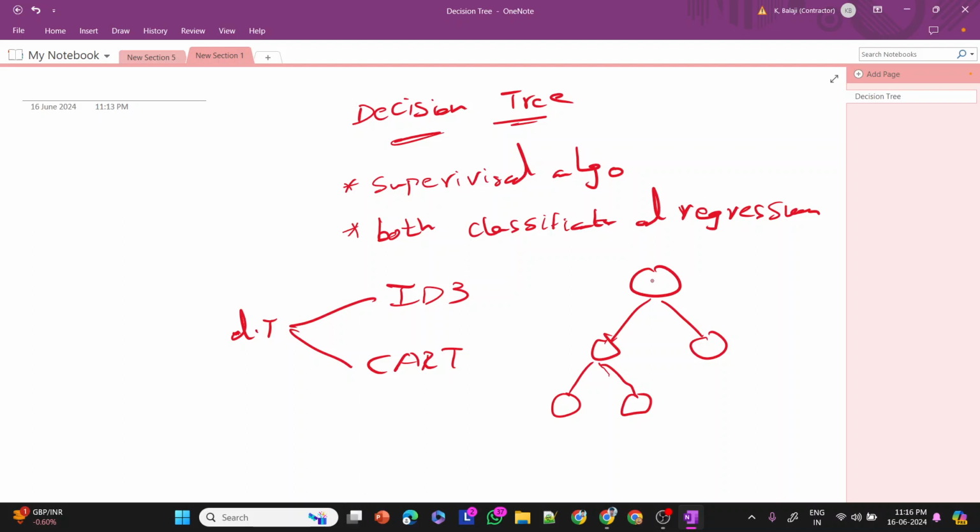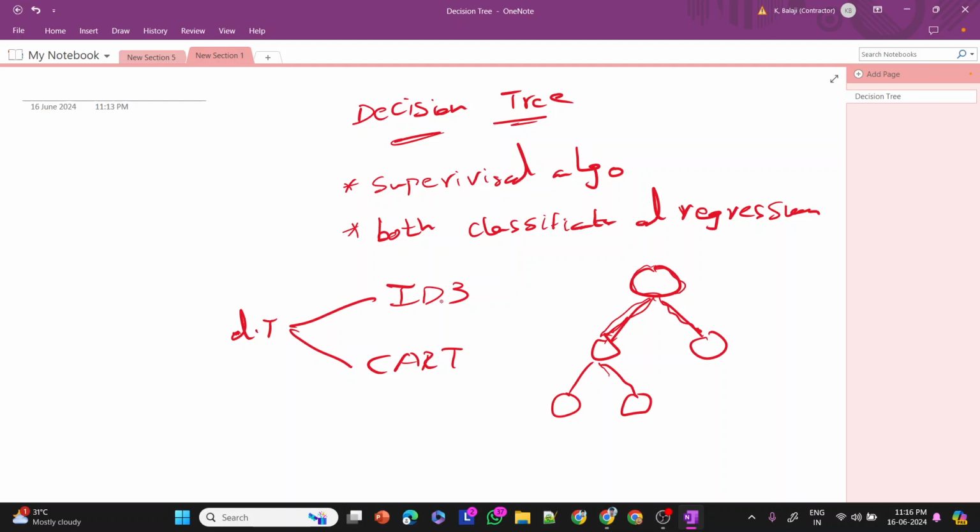This algorithm forms a tree-like structure, and it will compute the output. But in CART, there is a root node, and the sub nodes will be just two.